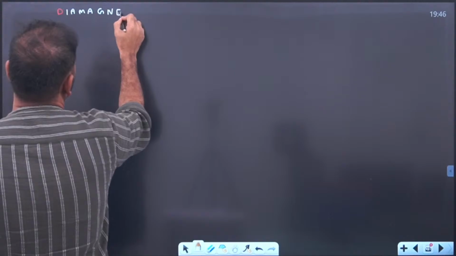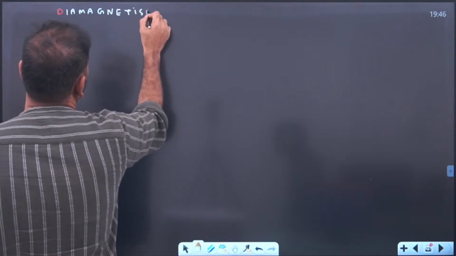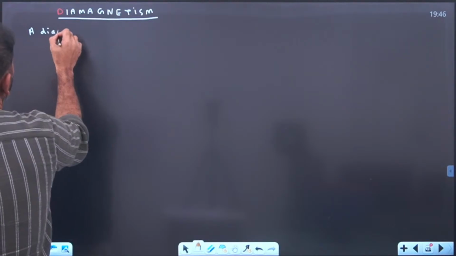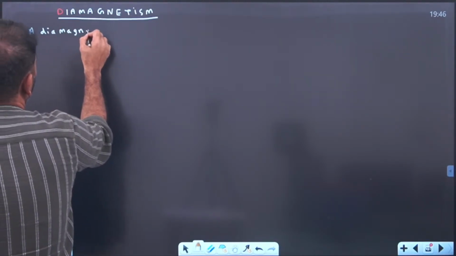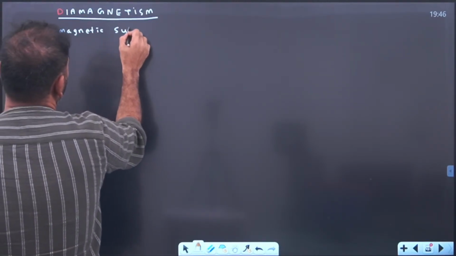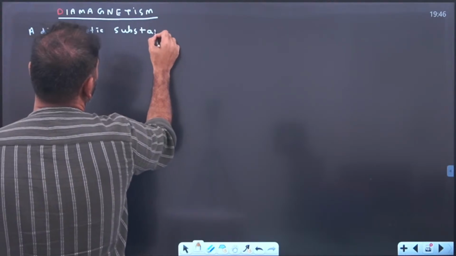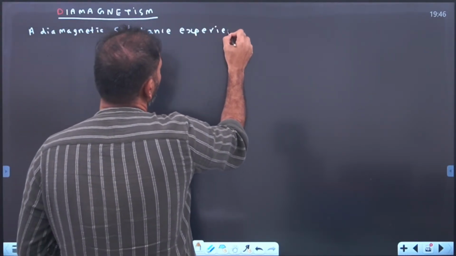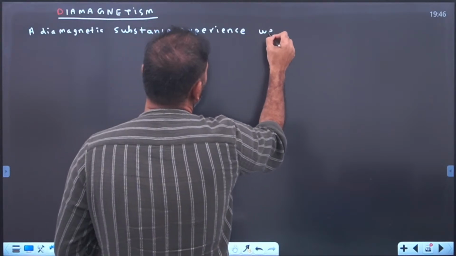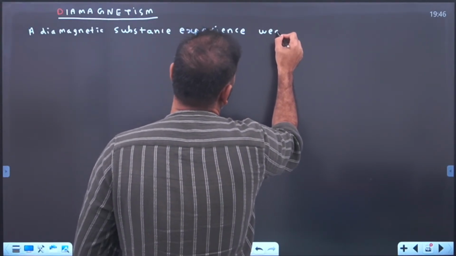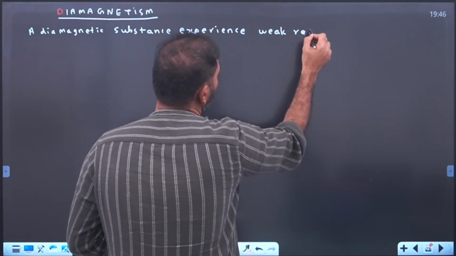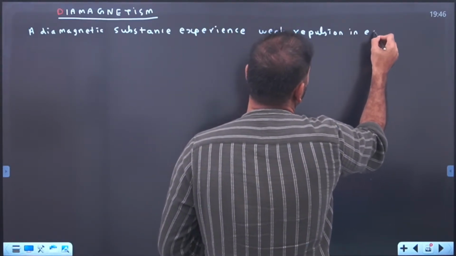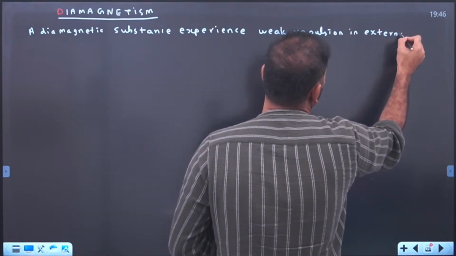Diamagnetism. A diamagnetic substance experiences weak repulsion in external magnetic field.